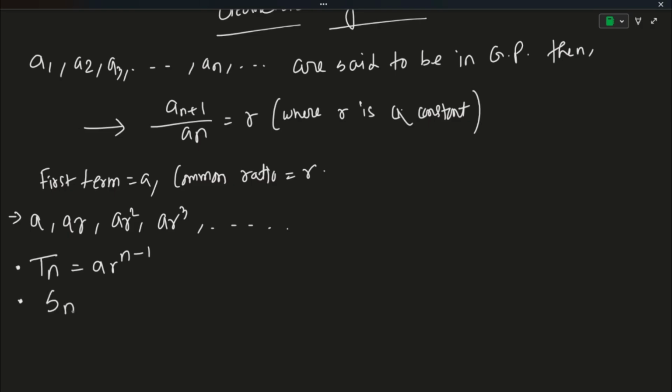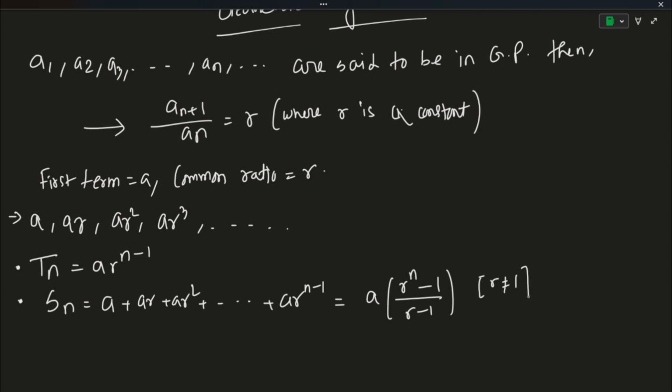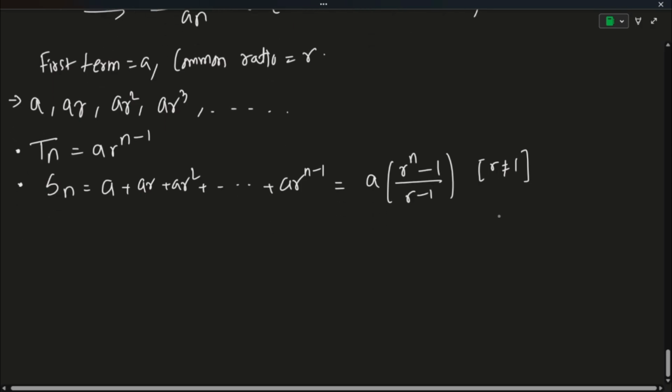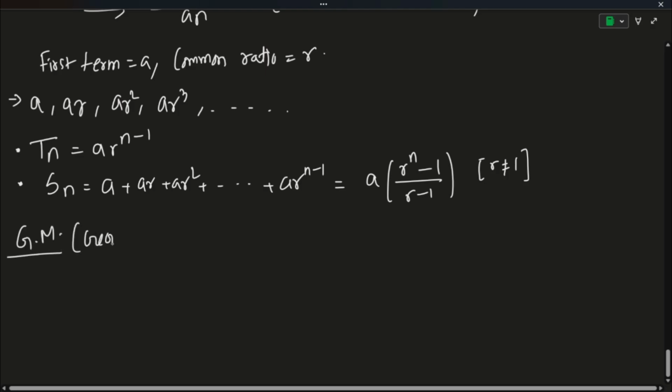and the sum of n terms of a GP, which is a plus ar plus ar squared and all the way up to ar to the power n minus 1, is going to be a whole into (r to the power n minus 1) by (r minus 1), valid only when r is not equal to 1। ठीक है, तभी आपको ये formula use करना है जब r is not equal to 1, उसके पहले you don't have to use it। ठीक है, okay, so these two are the main formulas of GP। Again we need to talk a little bit about geometric mean, कि what is a geometric mean.